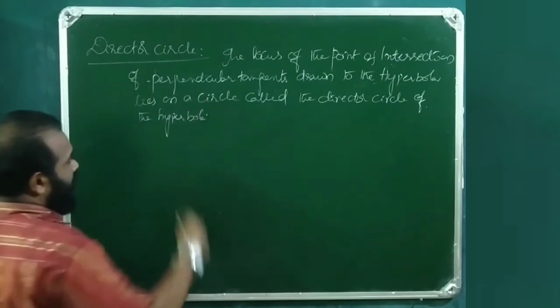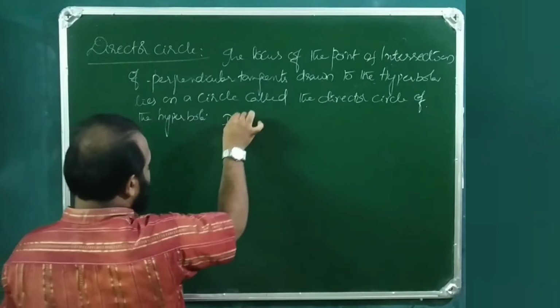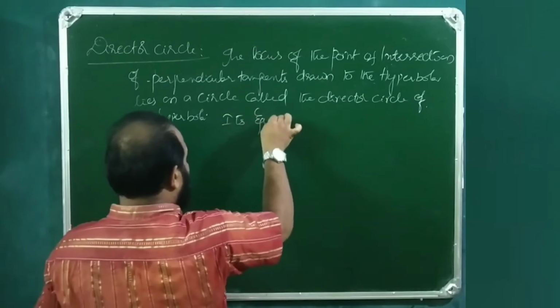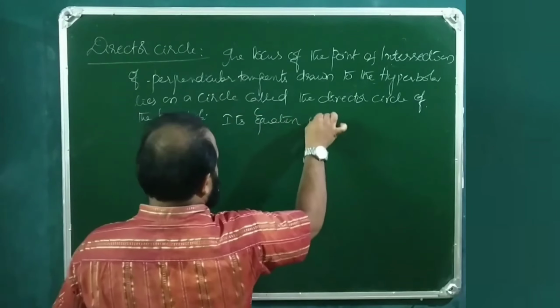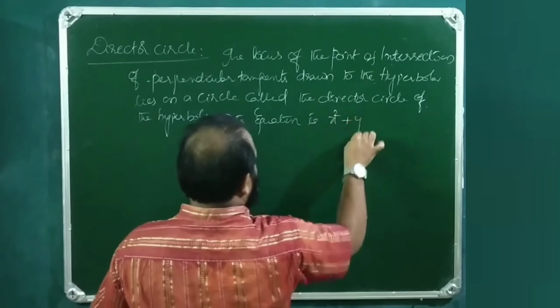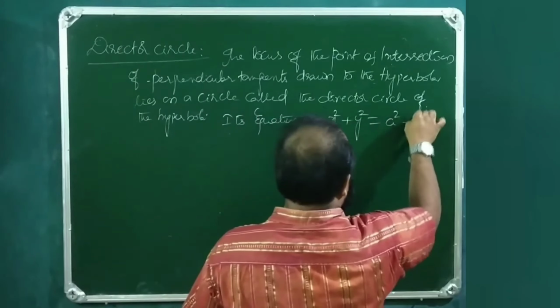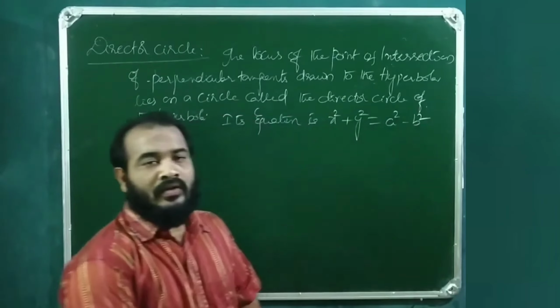So, its equation is x square plus y square is equals to a square minus b square.